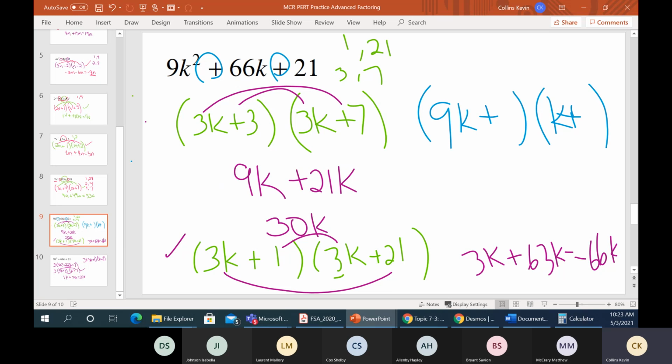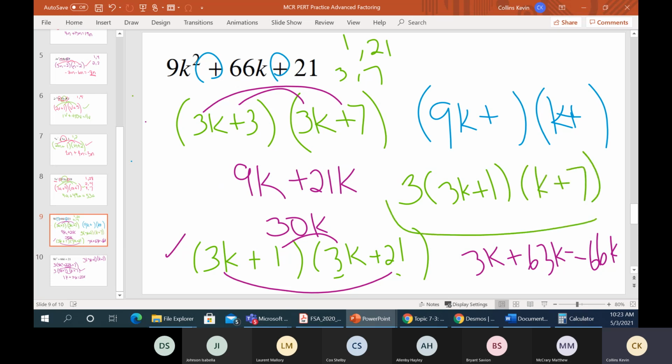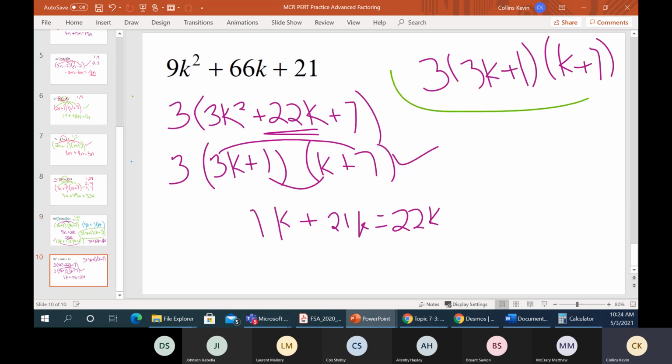Notice here we've got 3 and 21. I can factor out a 3 right there. So if I factor out a 3 there, then I have the 3k plus 1. And if I factor a 3 out of here, I get k plus 7, which looks suspiciously like this guy right here.